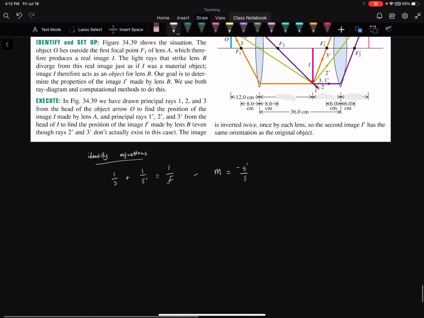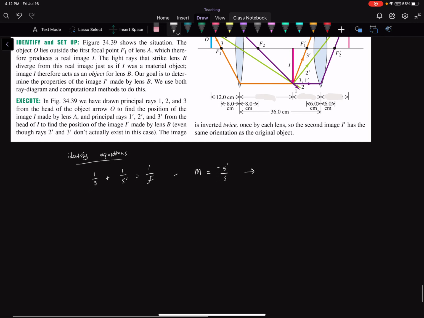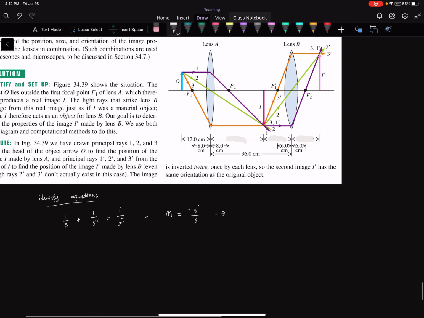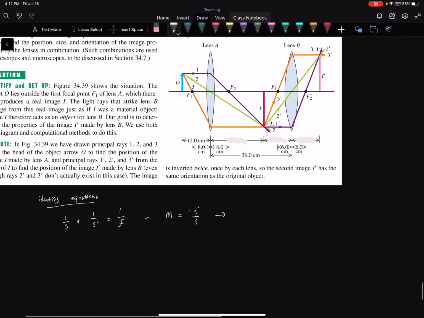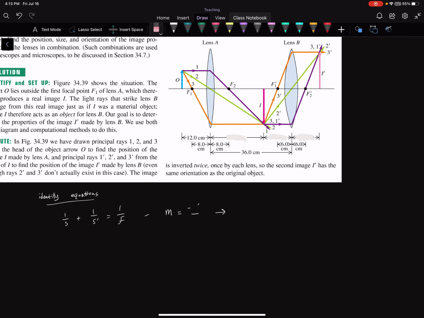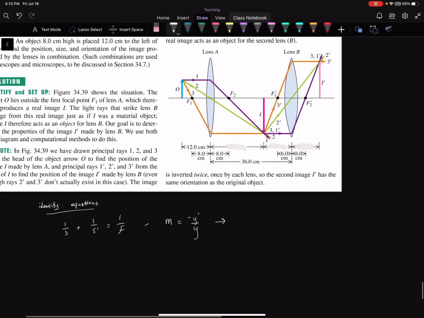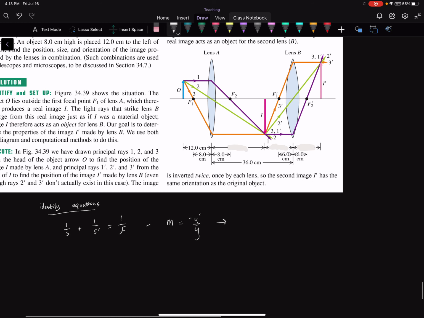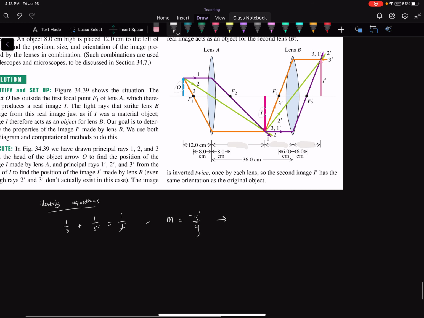And so for lens A and B, we're going to get two different things, right? So for lens A, we have the object distance being, or not the object distance, that was right, y prime over y. And so we have y prime being that, and then O being the object height.